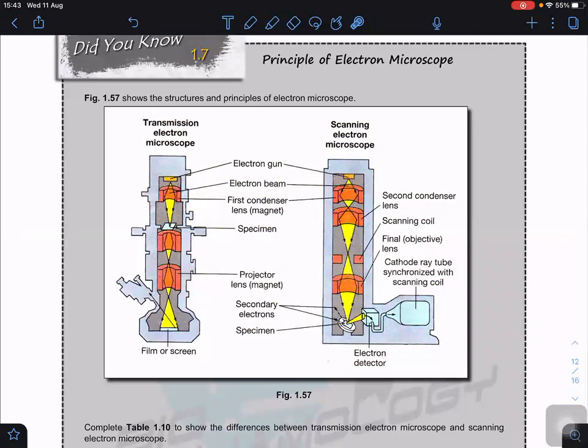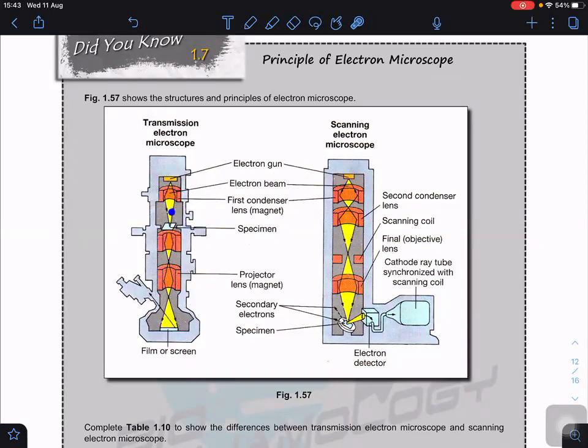Same name, but they are not lens condensers like in the light microscope. We use electromagnets to focus them. For TEM, from the word transmission, we want the electrons to pass through my specimen. So this is where we place our specimen.